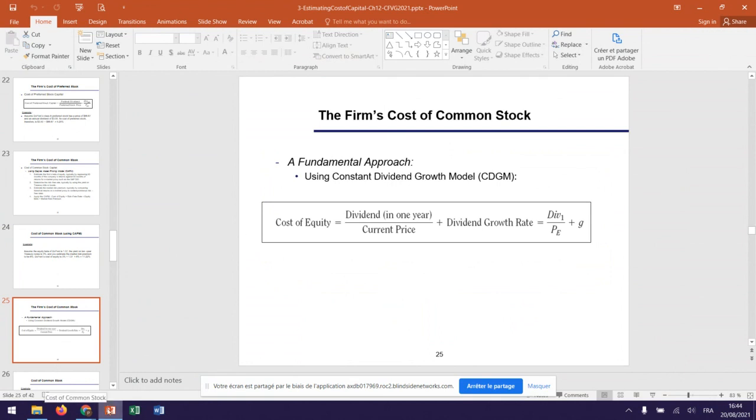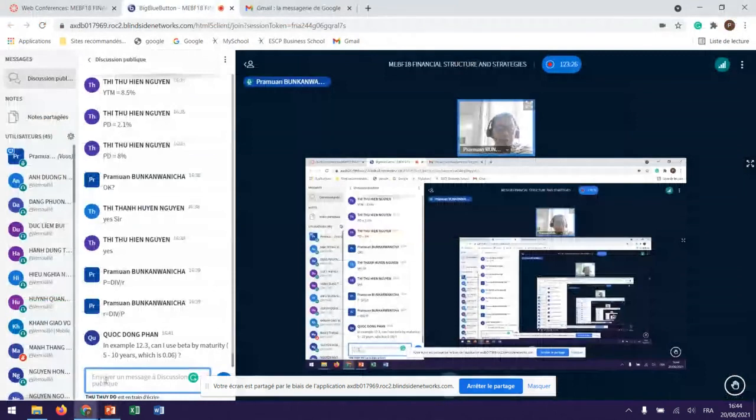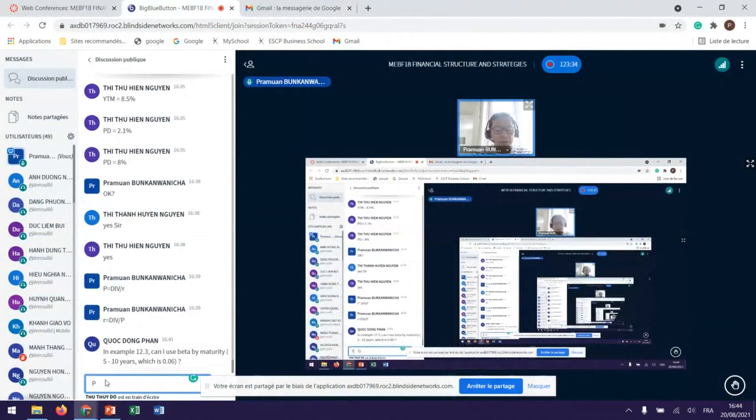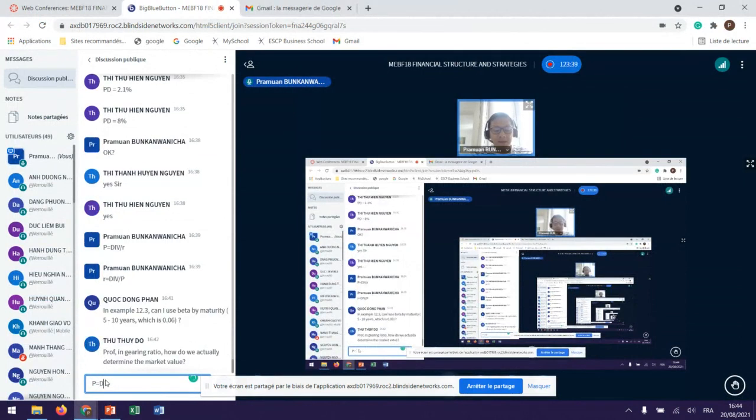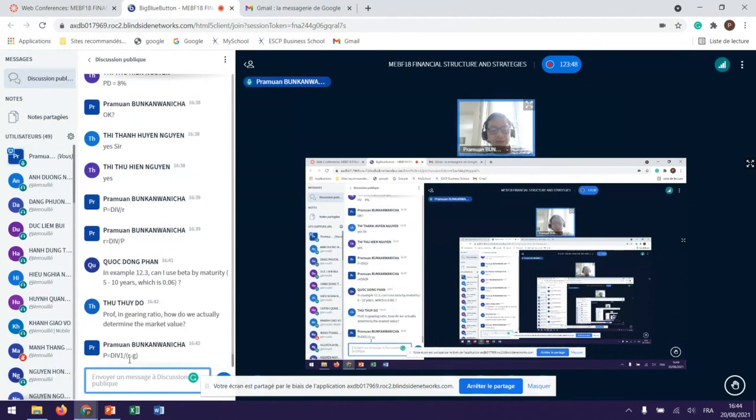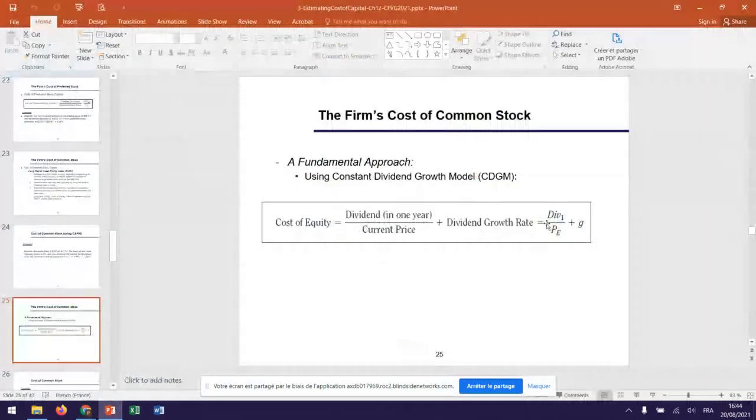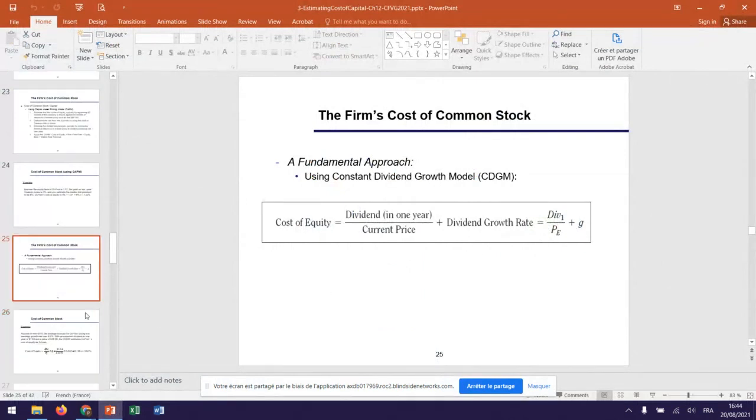So if you have a perpetuity with a constant growth rate, which we call the Gordon-Shapiro model, we're going to have the dividend 1 divided by R minus G. I can rearrange this to get R. R is going to be equal to the dividend 1 divided by P plus G. G represents the dividend growth rate.